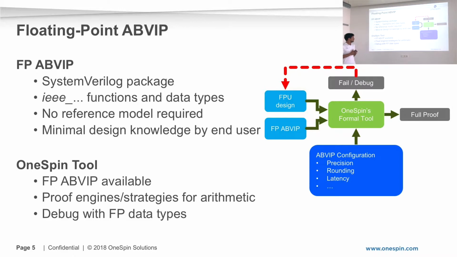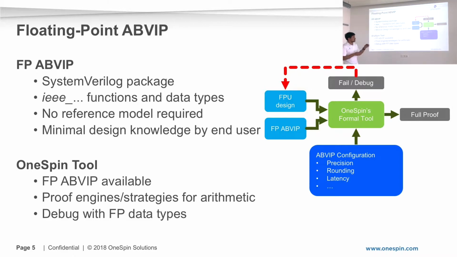The verification IP comes with the OneSpin tool: special proof engines and strategies were developed to support this arithmetic problem, and violated assertions can be debugged with floating point data types in the OneSpin debugger.